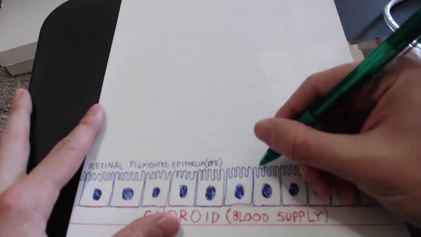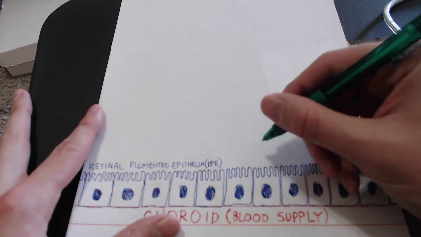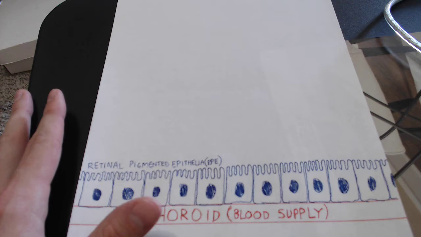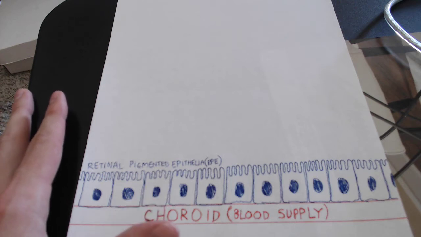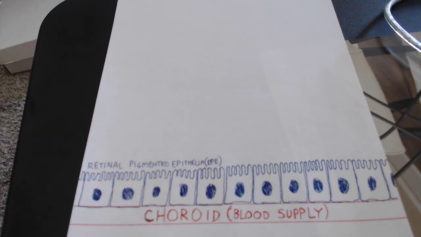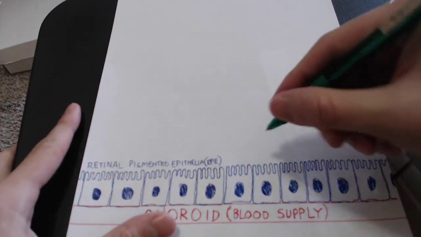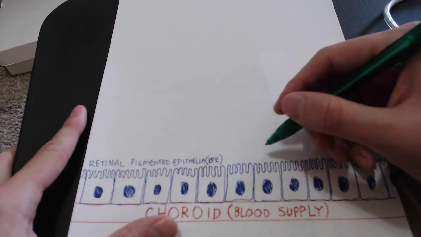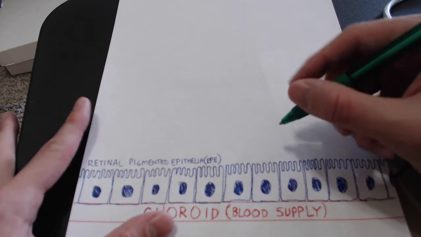Now then, if we look at the apical side of the RPE cells, we are going to find that these cells are what we call interdigitated with photoreceptor cells. And again, by interdigitated, we just mean there is a very close physical connection between the two cells. So what I'm going to draw here is a rod photoreceptor and a cone photoreceptor.